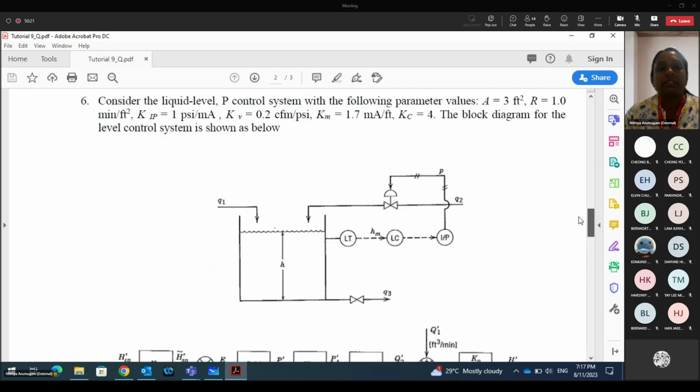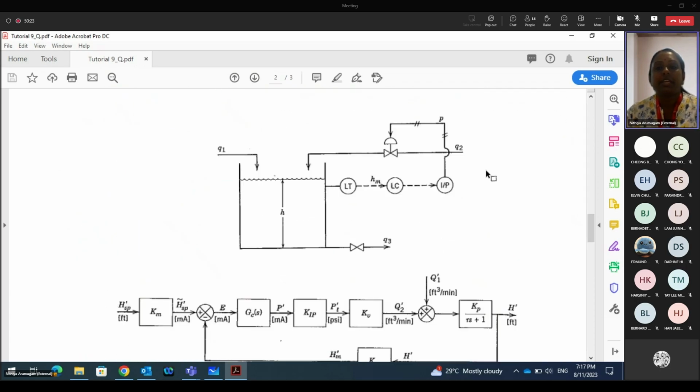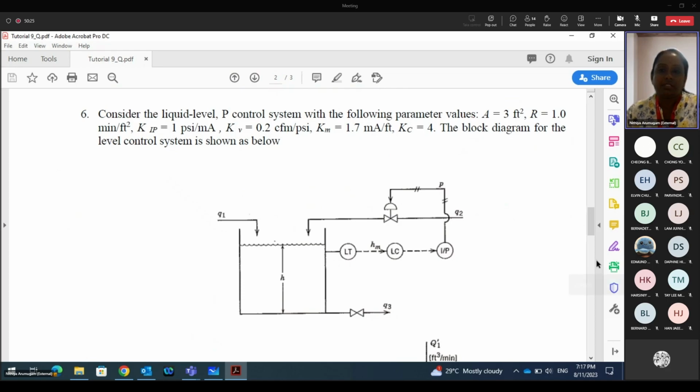We have area 3 feet, R equals 1.0, and KIP is 1.